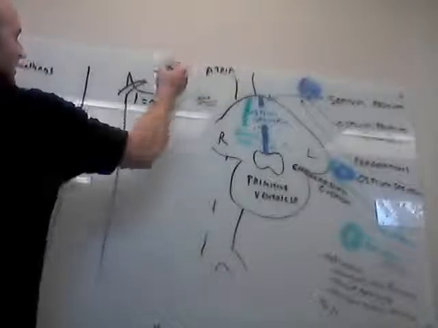And the first arch that comes off is going to end up going up into, I'll just draw it out here. Here's the jaw, so the maxillary. First arch is going to go up and be the maxillary artery. So 1 equals maxillary. And then the next one is going to branch off.